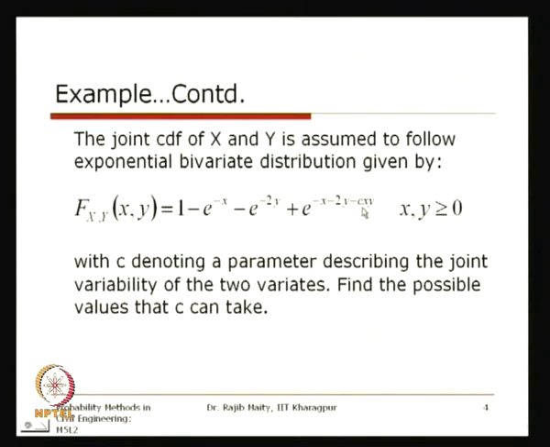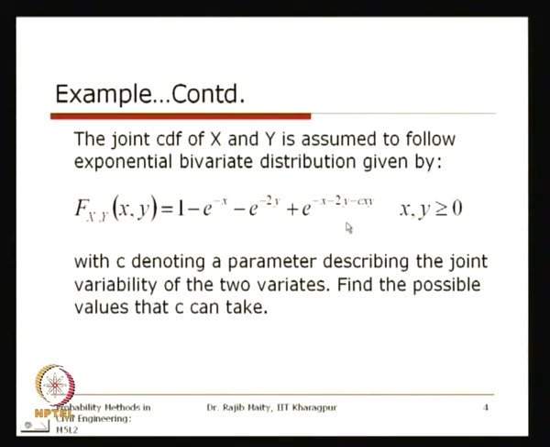The question is about the parameter c: what is its possible range? c is a parameter describing the joint variability of the two variates, that is, how the duration and the intensity vary together and what their association to each other is. Obviously this is mostly the linear association that we are talking about.